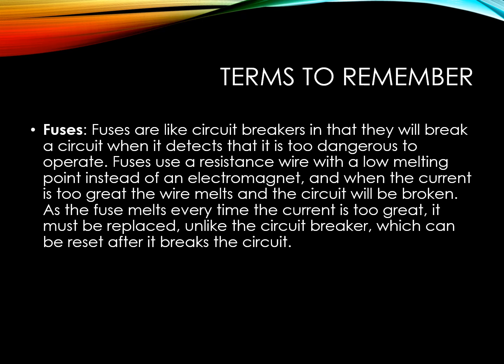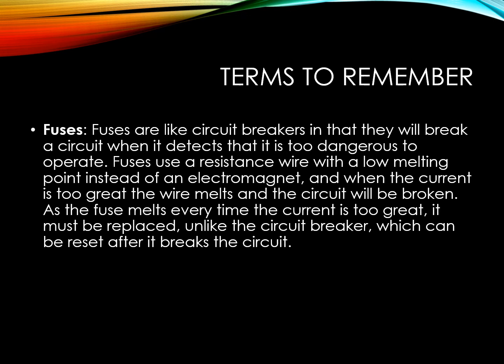One of the terms that you have to remember about safety devices at home is the fuses. Of course, fuses are like circuit breakers in that they will break a circuit when it detects that it is too dangerous to operate.